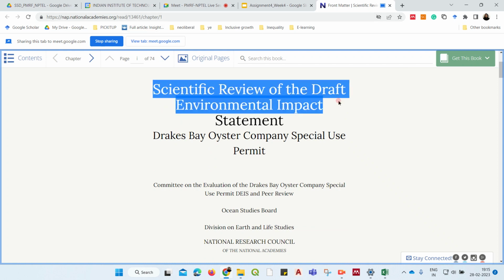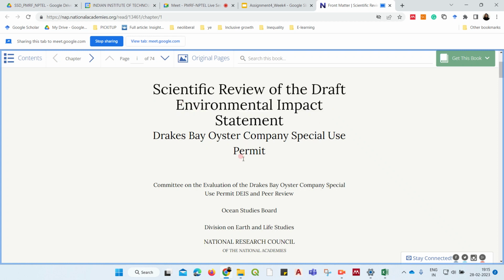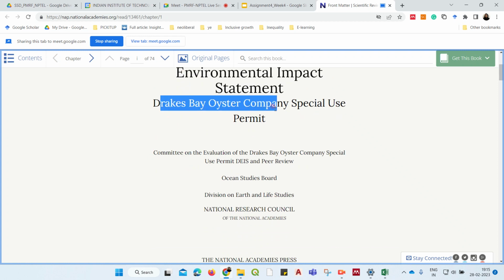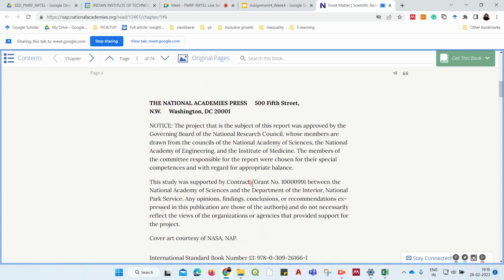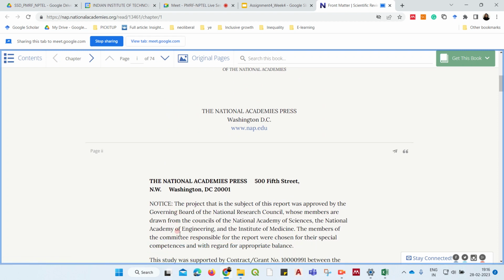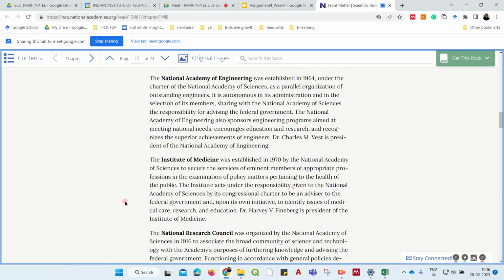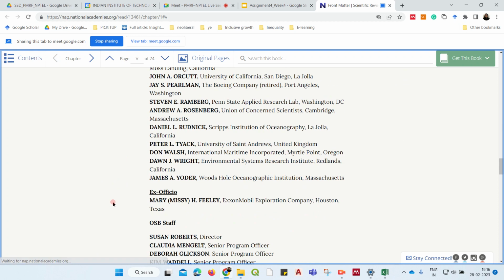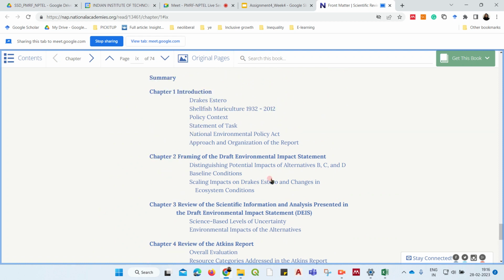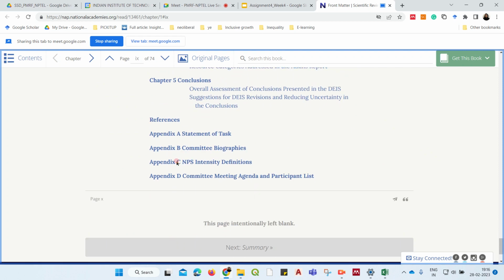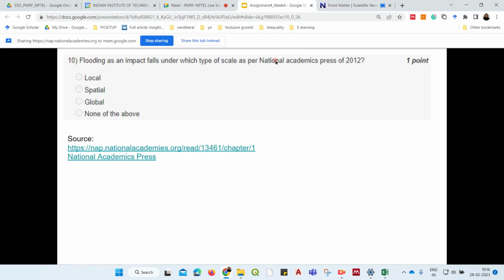This is a scientific review of a draft environmental impact statement, for the oyster company and their special use permit. So this is a review of their environmental impact assessment, and you can go and see how the impact assessment has been done, and how it has been studied by the National Academies Press.